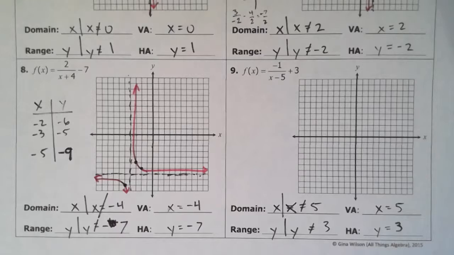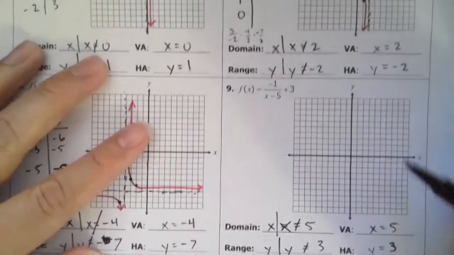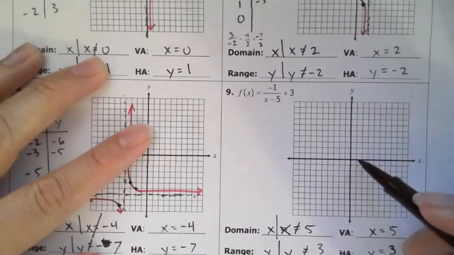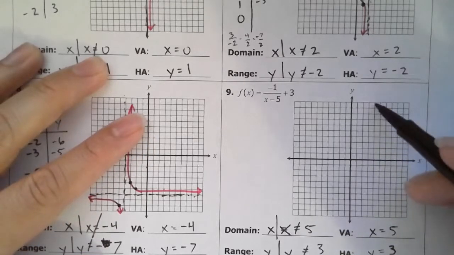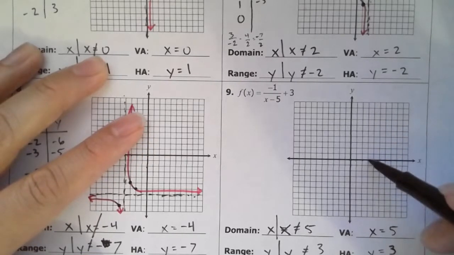So then from here, let's see, my domain is positive 5, 1, 2, 3, 4, 3.5. Sorry, my eyesight is already failing me. So my vertical asymptote is here.